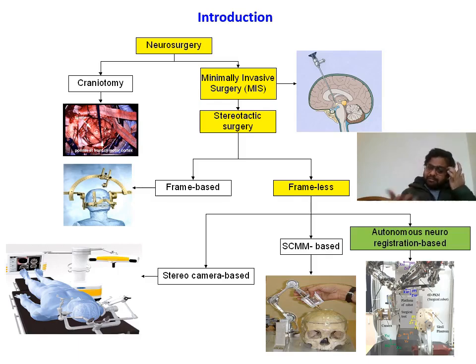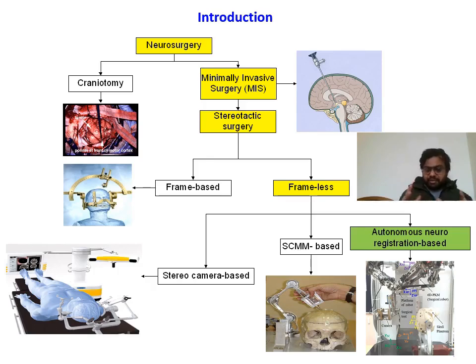Whereas in the frameless system, we create a virtual frame using something called radio-opaque markers. These markers are pasted on the scalp of the patient, and using those markers we can create a virtual frame.